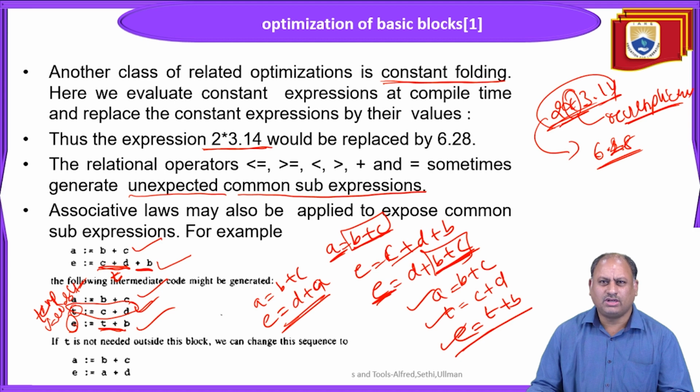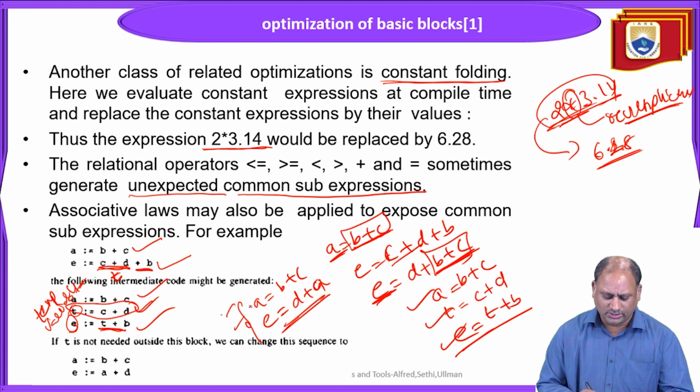If it is not needed outside the block, then we can use these two statements. If it is needed outside the block, then we can make this a temporary variable T, and then go ahead with the remaining parts of this program block of statements.